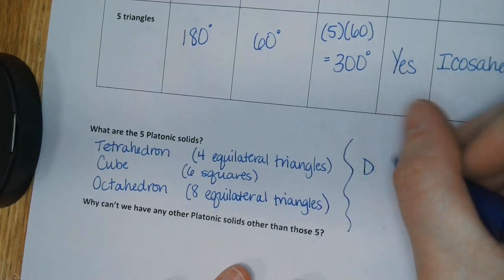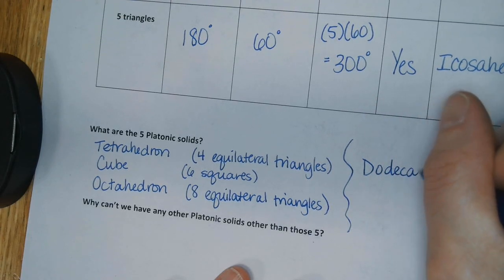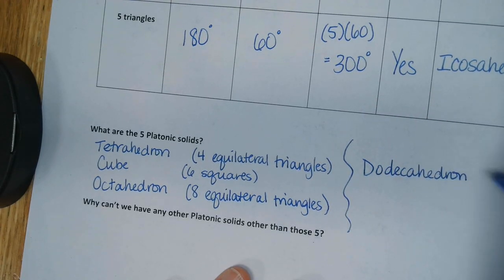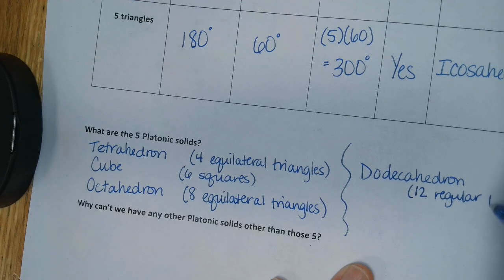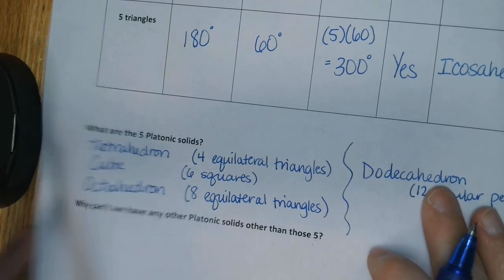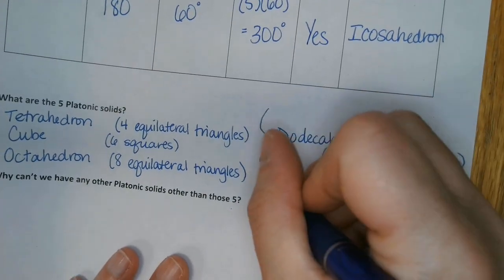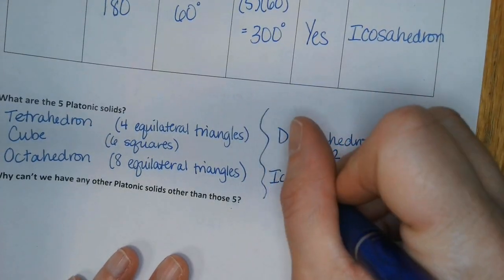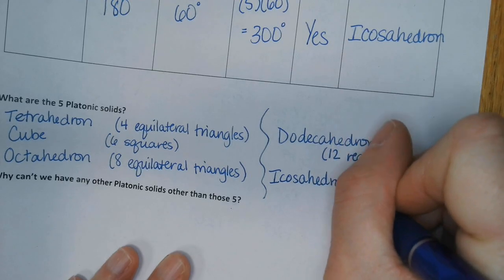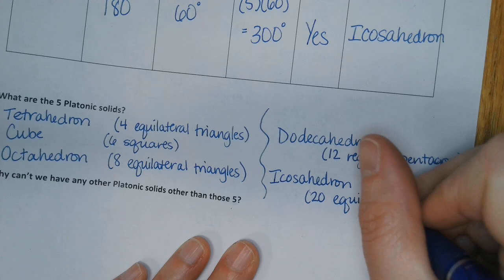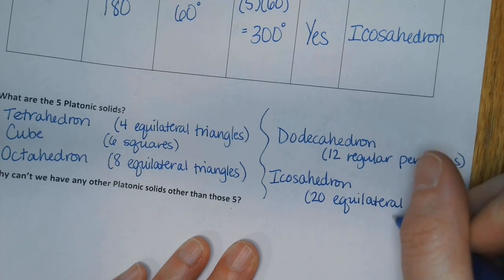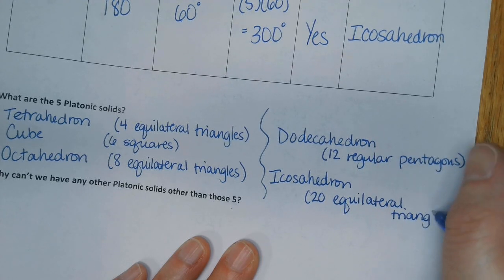A dodecahedron, which is made of 12 regular pentagons, and an icosahedron, which is made of 20 equilateral triangles. Okay.